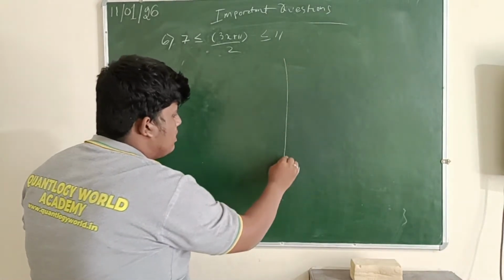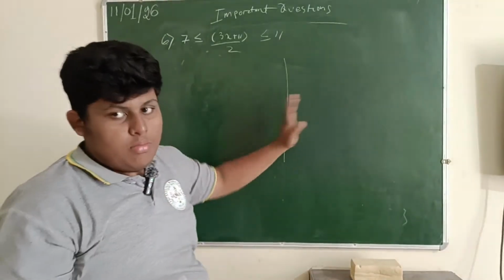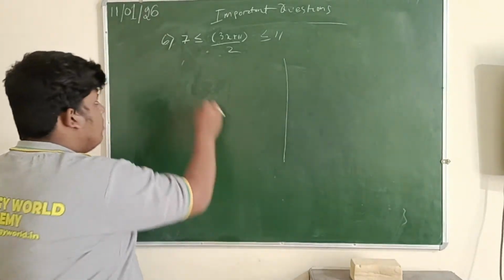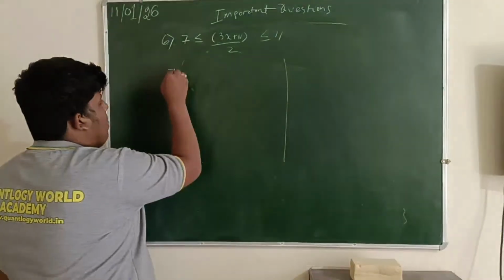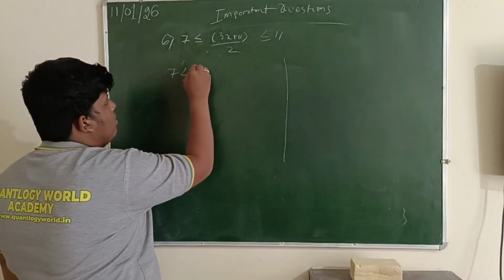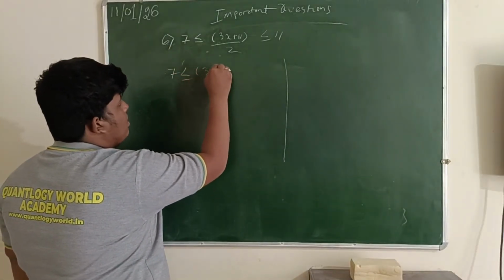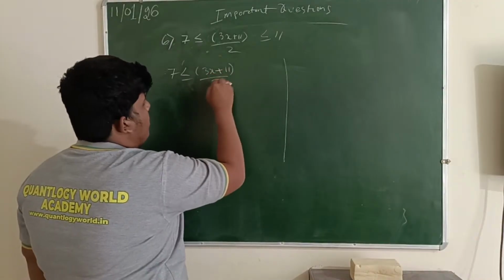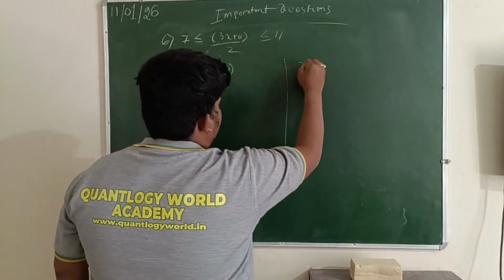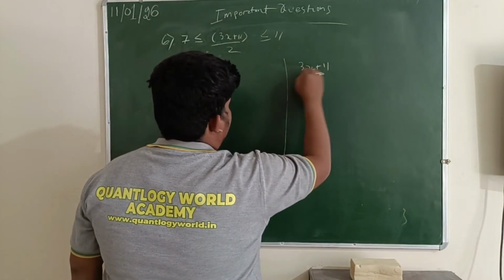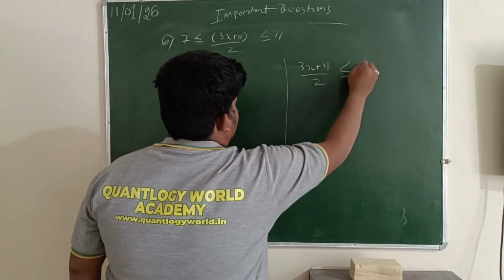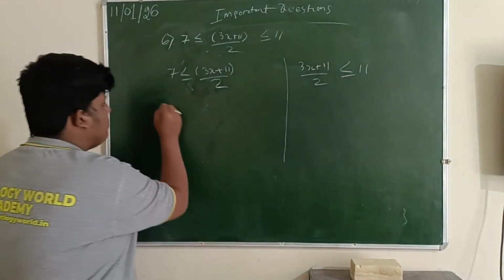So we'll put a straight line and solve both equations on both sides. 7 ≤ (3x + 11)/2 on this side, and on this side we will write (3x + 11)/2 ≤ 11.